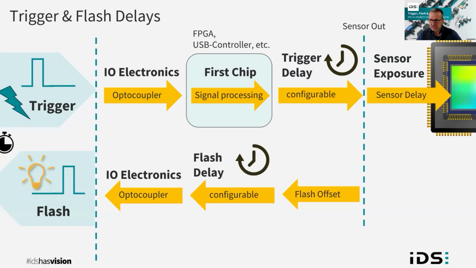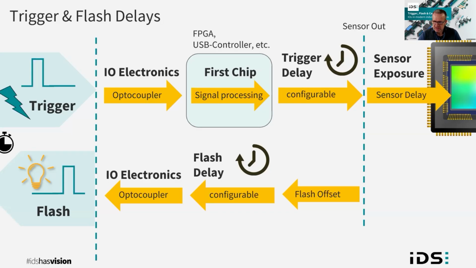Additional trigger and flash delays are provided by an FPGA counter or other channels that can be set via the software API. An output via optocoupler can then also cause, again, a delay in the switching process of between 1 and 50 microseconds.